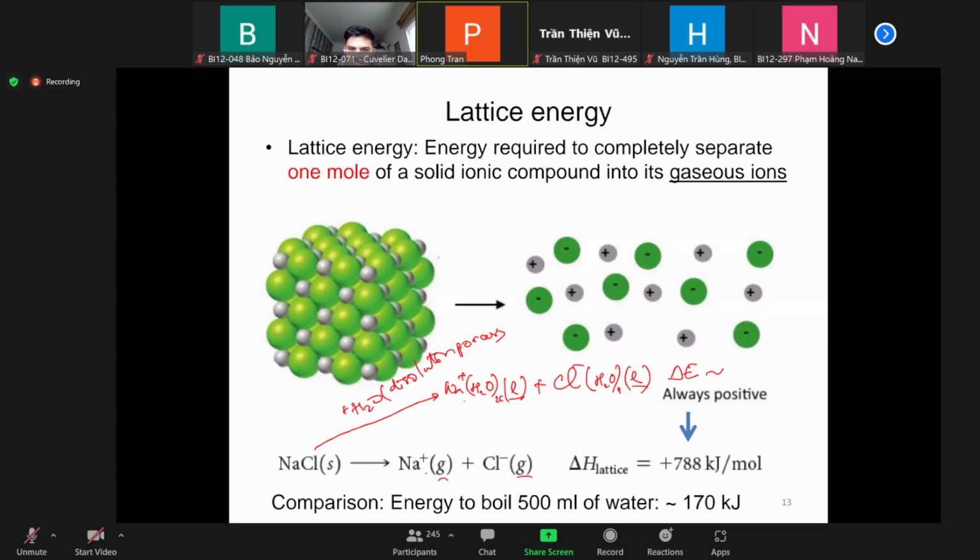So from the sodium gas to the sodium liquid in water, you can imagine that you put water here. So you have the process of sodium gas plus water provides sodium with H2O, liquid. That's the solvation process.